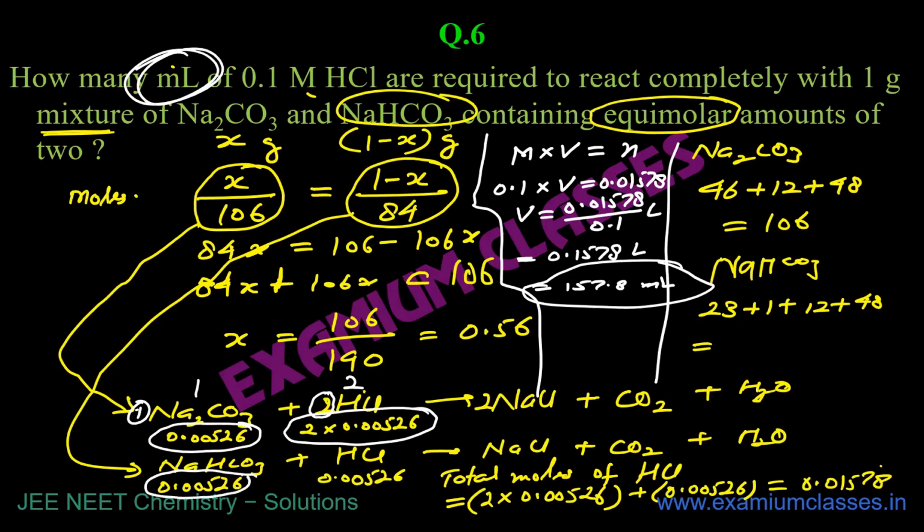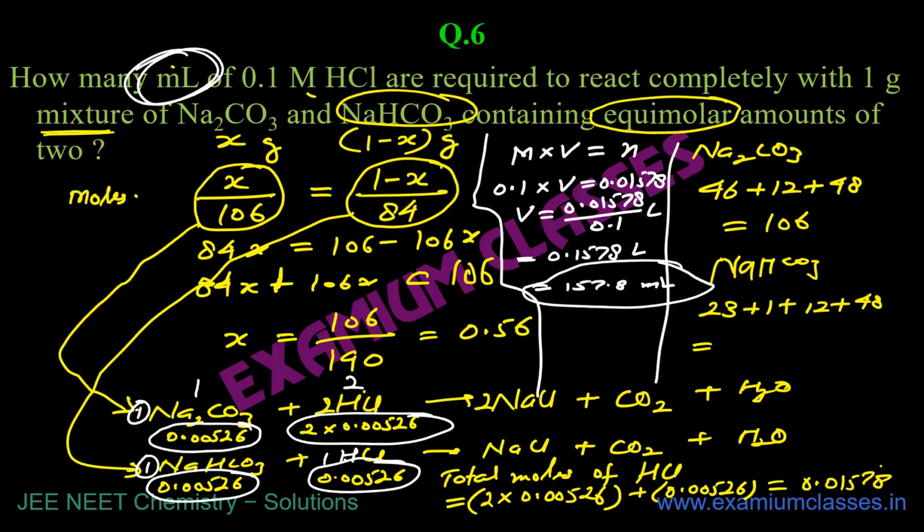The same number of moles of NaHCO3 are present because these are equimolar mixtures. But the ratio in this reaction is 1:1. So the same number of moles will be required here of HCl. Was that your question? Yes. So from that you got the total number of moles of HCl used.